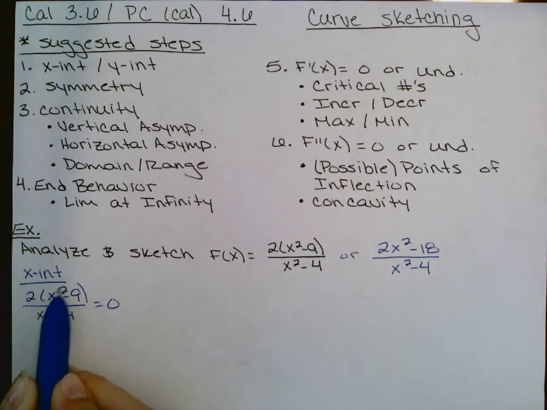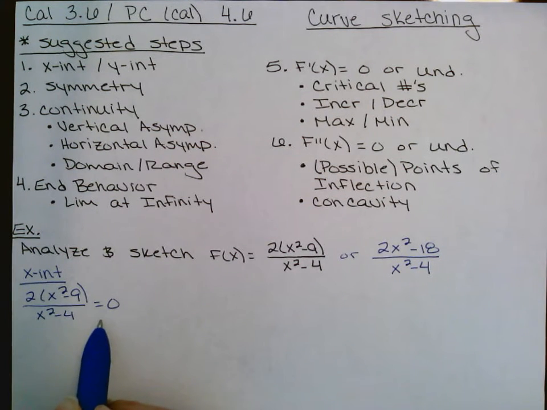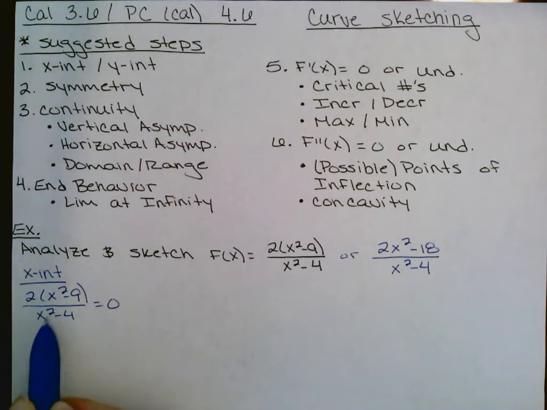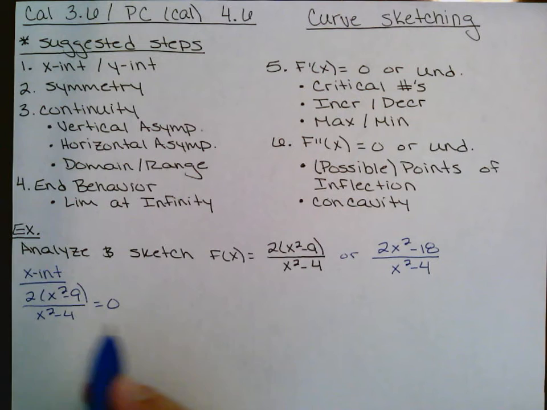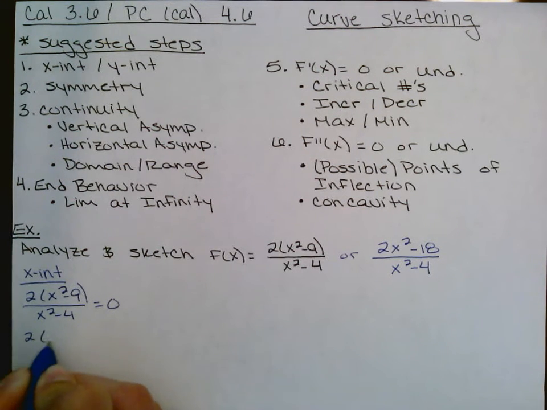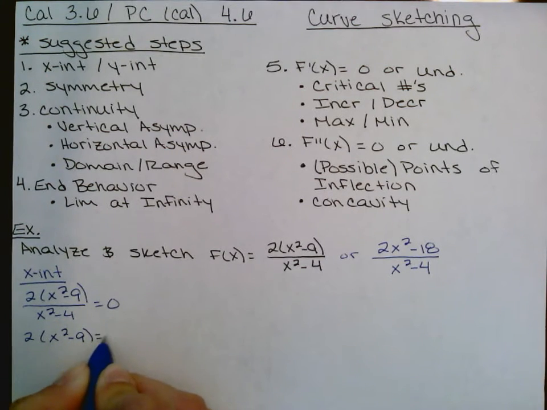Okay? Because 0 over anything equals 0. If you don't remember that, you would just multiply this denominator over, which anything times 0 is 0. So what I'm really working with on my next step here is 2 times x squared minus 9 equals 0.